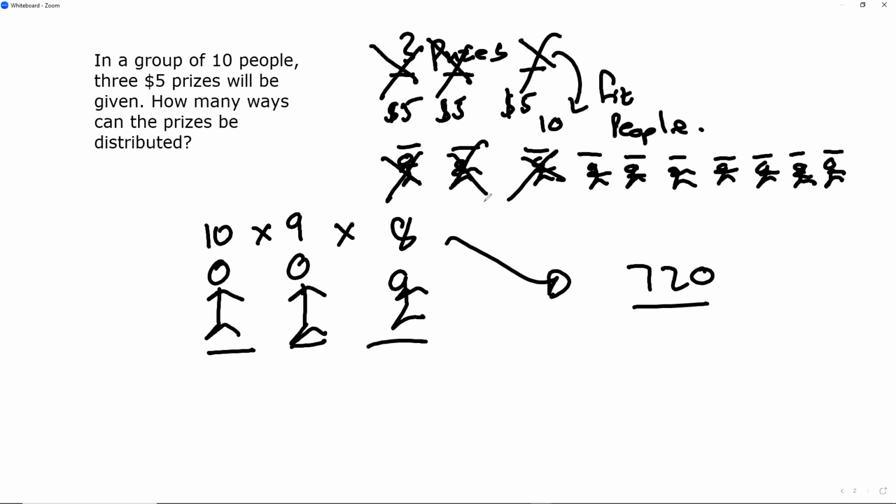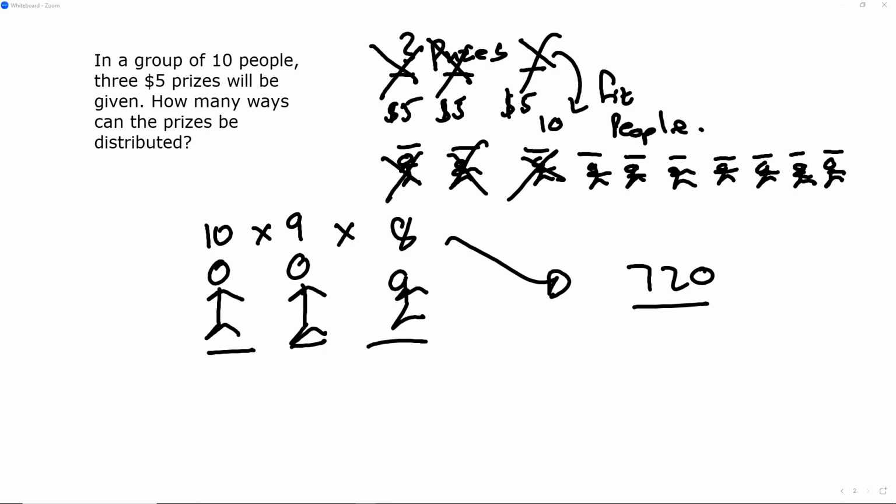In other words, because the prizes are the same, there's going to be repeats. It says how many ways can the prizes be distributed. So in this case, what we're actually using is a combination.